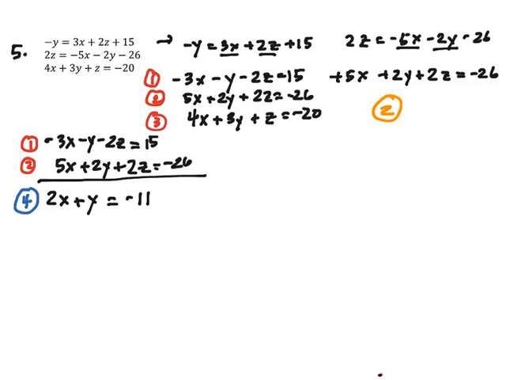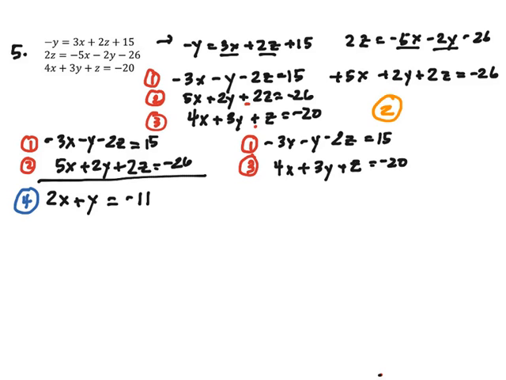Now, next one, we can pair up 2 and 3, but the signs are positive. So I'm going to pair up 1 and 3. So I have negative 3x minus y minus 2z equals 15, and I have 4x plus 3y plus z equals negative 20.